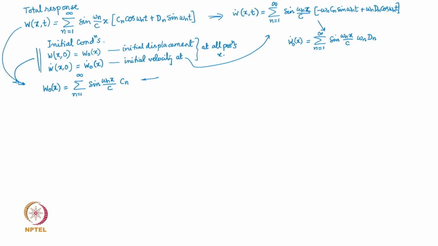And if you recall how you obtained the coefficients there, the way to get that is to multiply this function by sine(n pi x over L) and integrate it from 0 to L, and do that on both sides.